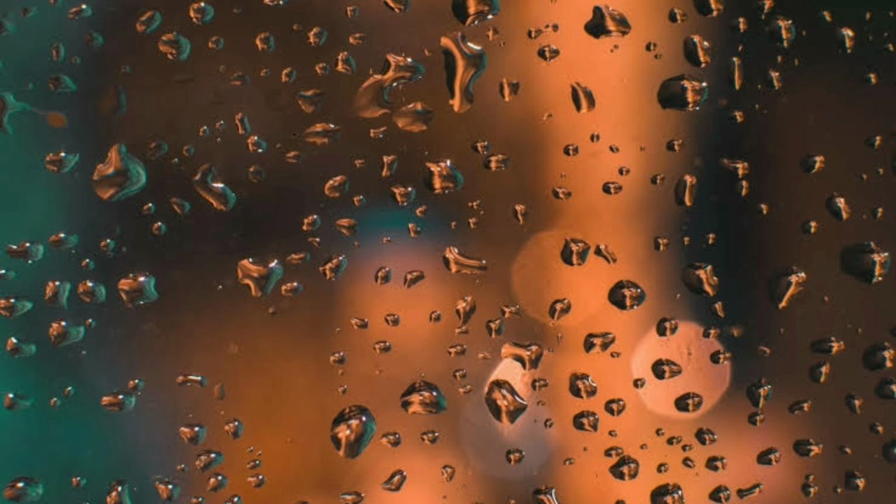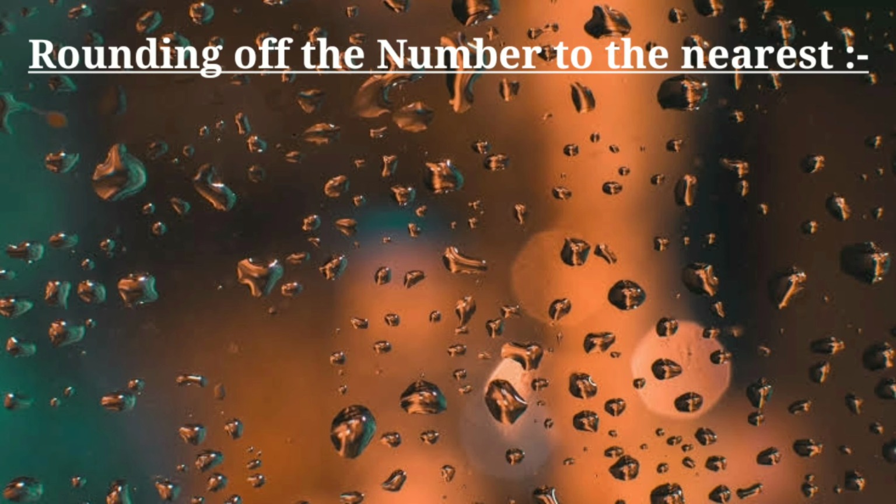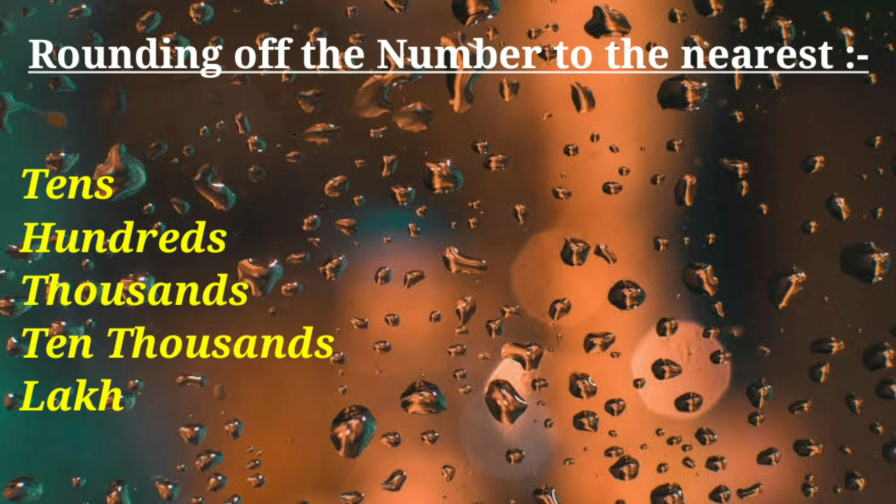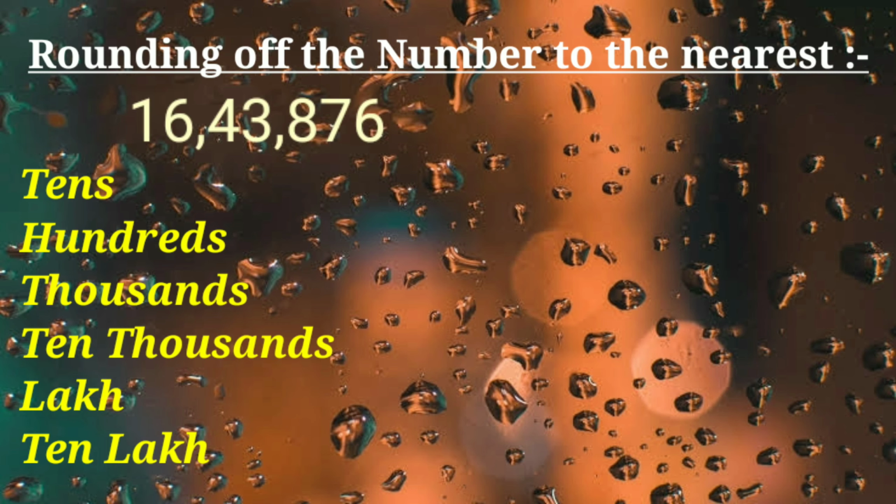Now, let us see rounding any number to any given place. We can round a number to any given place, that is tens, hundreds, thousands, 10,000s and so on by following the same steps mentioned for the thousands place. Let us take 16,43,876 and round this number to different given places.